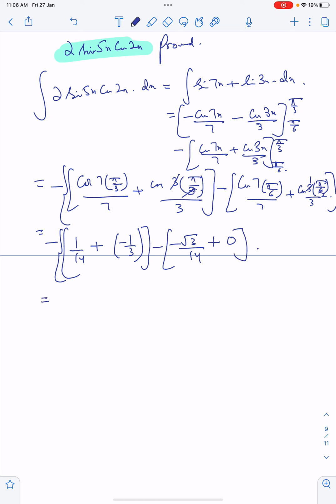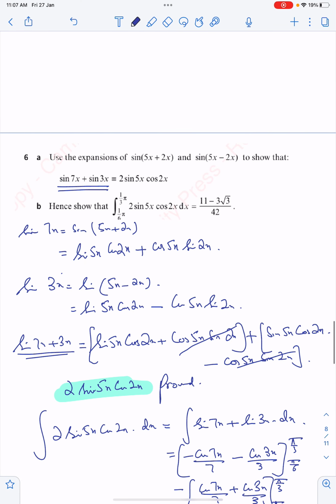Okay, let's simplify this. Minus outside. 1 upon 14 minus 1 upon 3 plus root 3 upon 14. Okay, minus 1 upon 14 plus 1 upon 3 minus root 3 upon 14. Let's see how they have written the answer.